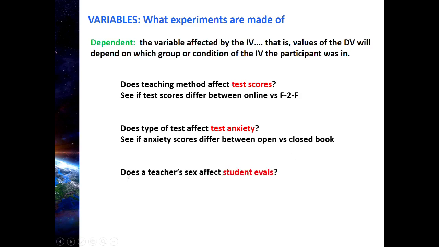What about this? Does a teacher's sex affect student evaluations? Student evaluations is the dependent variable. Teacher sex is what we thought would affect something else. So this is the cause. What do we think it's going to affect? Student evals. Okay, so then this is the dependent variable. Why? Because we're saying that the dependent variable, evaluation scores, will depend or differ between whether you were in the male teacher group or the female teacher group.